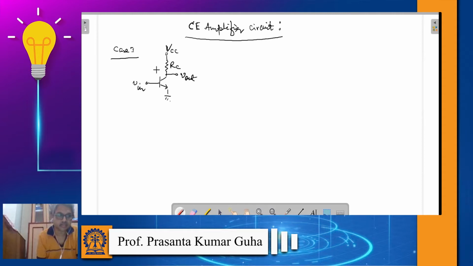And this circuit acts as an amplifier circuit, and we have learned how to draw the small signal model.